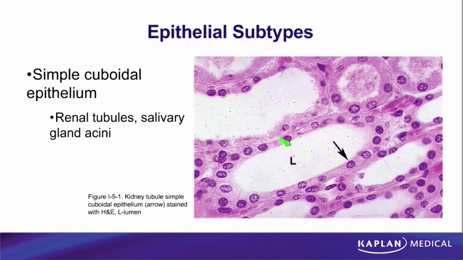So it's sort of cuboidal in shape. And so we combine those two characteristics and we say that this is a simple cuboidal epithelium. And this happens to be an epithelium that's found in the renal tubules. It's also the epithelium that we find in certain glandular cells, simple cuboidal epithelium. Okay, so that's one kind of epithelium.